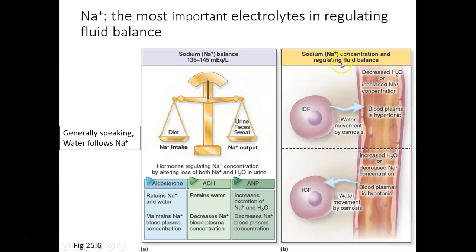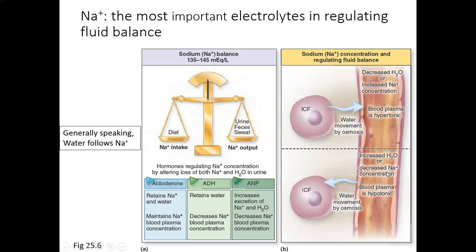Not only does it have an effect on the electrolyte concentration, but it regulates the fluid balance. When we talk about fluid balance, we are talking about water movement. And so the opposite is also true if the blood plasma becomes hypotonic, either because it's too diluted or because the sodium is low.